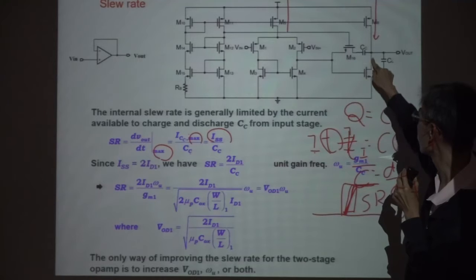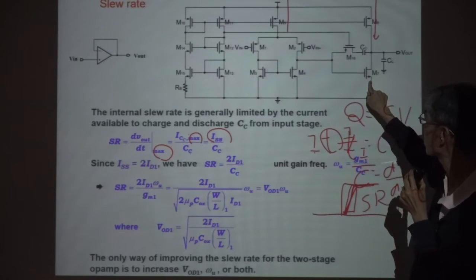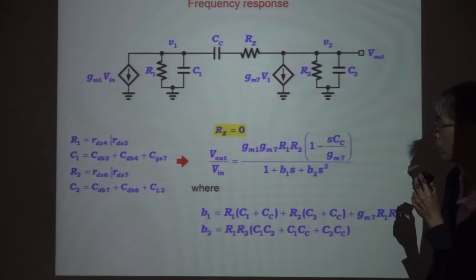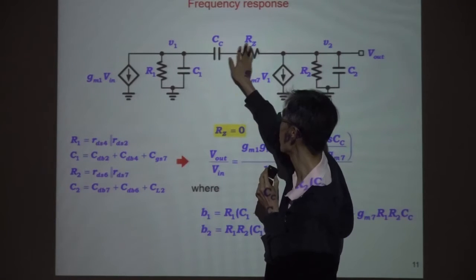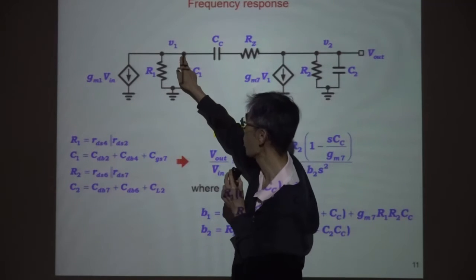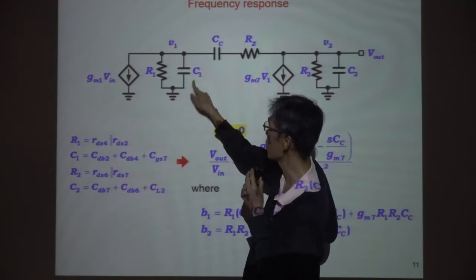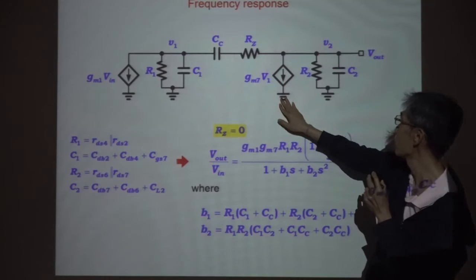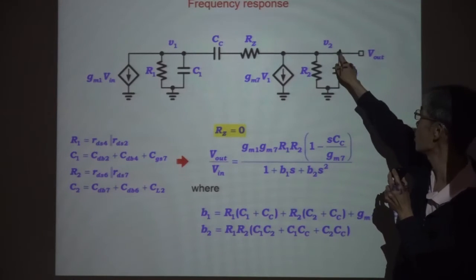V1, GM7, we have a voltage controlled current source. Okay, next. See, V1, we have CC and RZ. And at node 1, we have the R1 and equivalent capacitance. So this is for GM7 V1. This is output R2 and C2 at node V2.